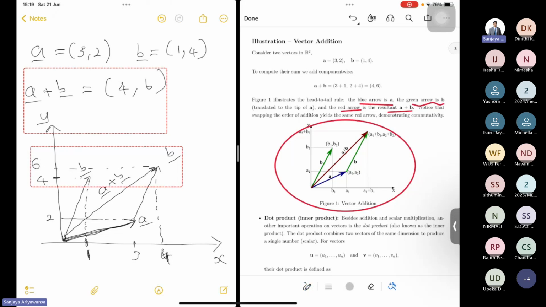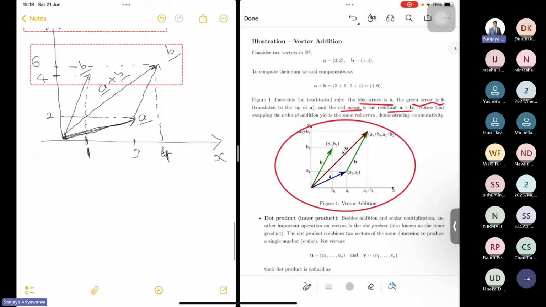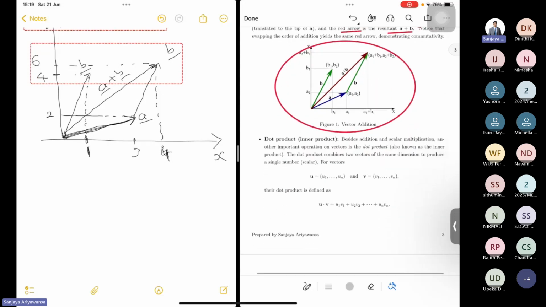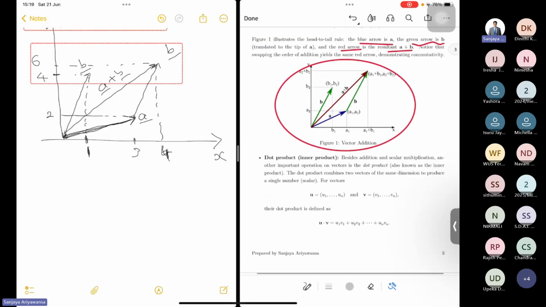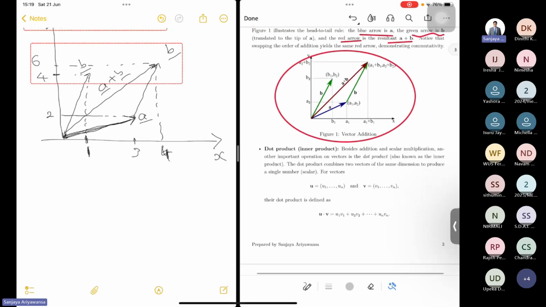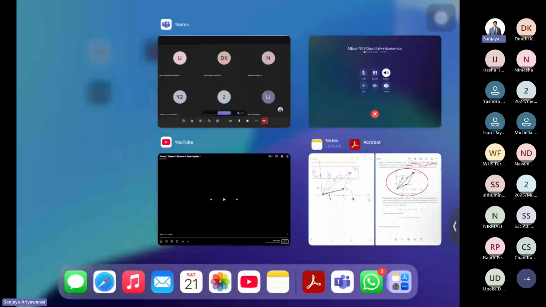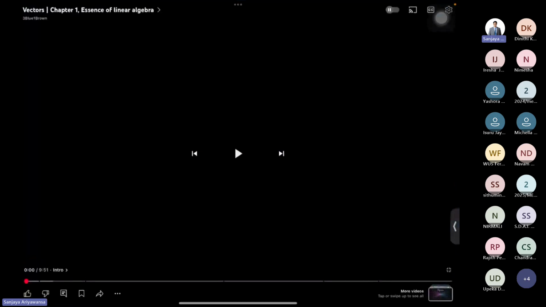There is a graphical understanding of what vector addition looks like, because earlier what we did was a more numerical example. So before we go into dot product, I want you all to watch this particular video, because this is by 3Blue1Brown, and it gives you a quick introduction to vectors. Again, if the audio is not clear, please drop a message. So let's have a look at what he says.